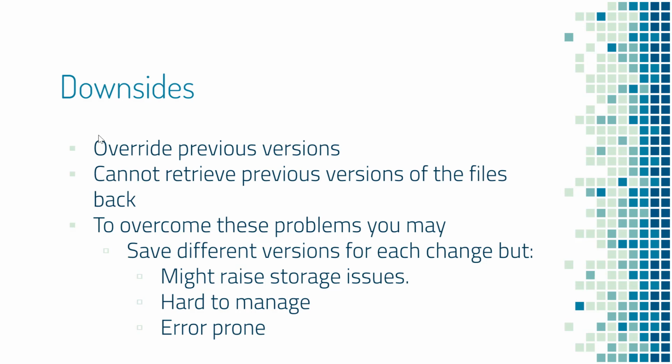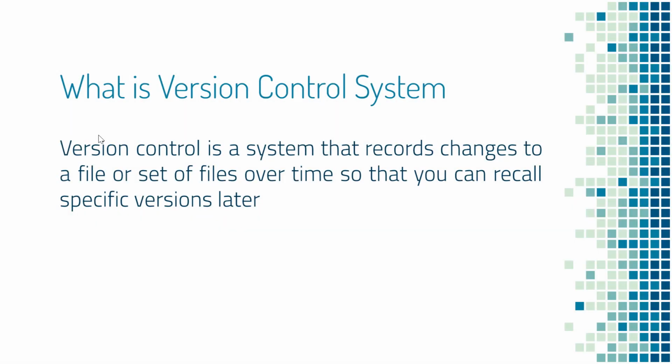And as a web developer, when you build your application, for sure it's not going to be just one file. It's going to be multiple files, based on how many services you have in your web application. The most important part is that it is error prone: once you make a mistake, you cannot revert it back. This is one of the downsides of the traditional, or classical, way of managing versioning.